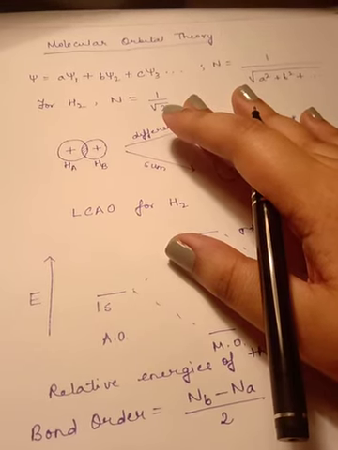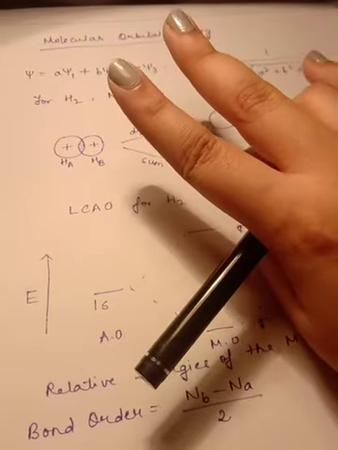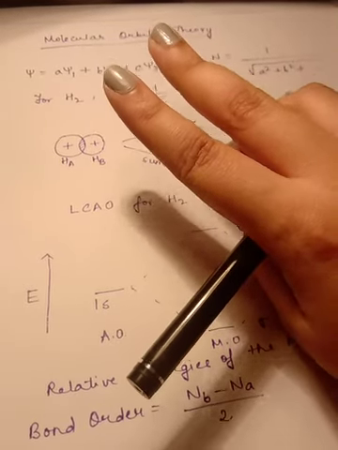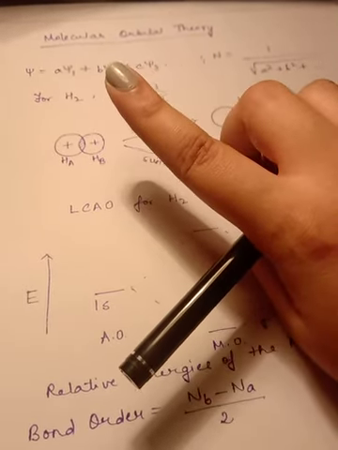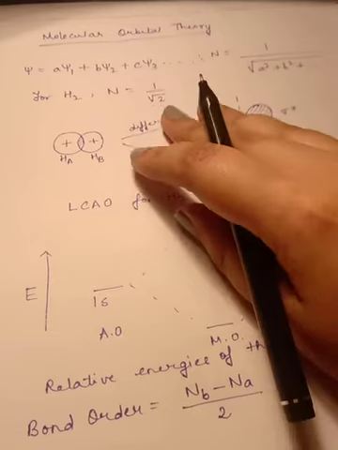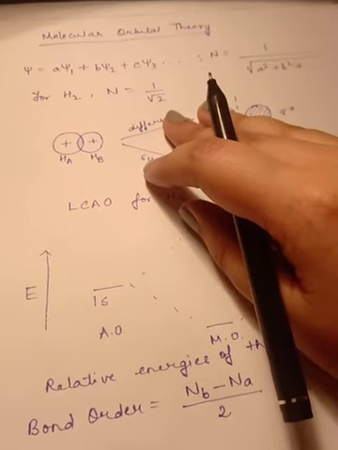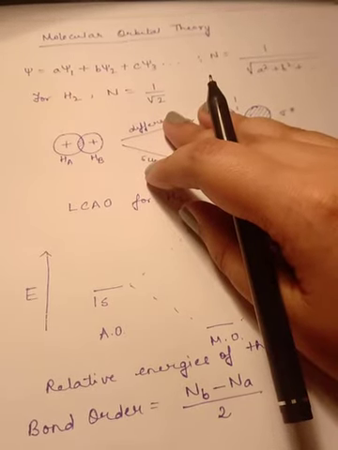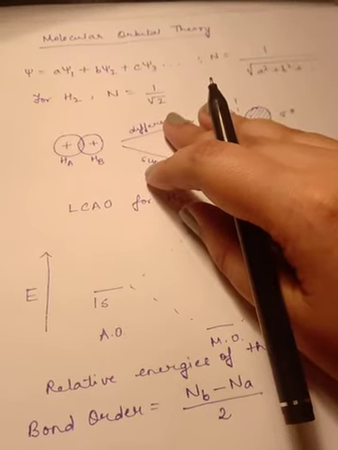molecular orbitals. So two factors are important for a proper molecular orbital formation. The first being proper symmetry match and the second being proper energy match. The third point is that the number of molecular orbitals formed is equal to the number of combining atomic orbitals.